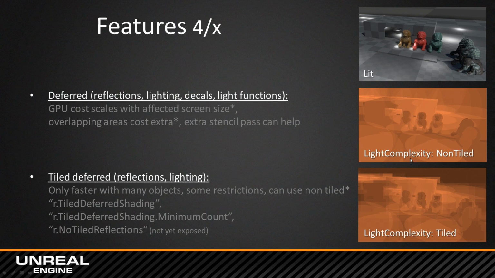There is some hardware which cannot do the tile technique because we use compute shaders for that, and that hardware has to fall back to this one anyway. So we have to maintain this code path, and it is a good code path for a few light sources only, so we keep it and leave it for now.